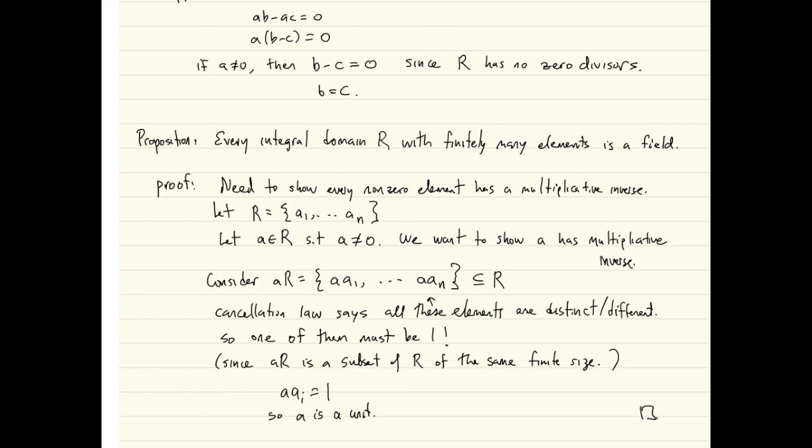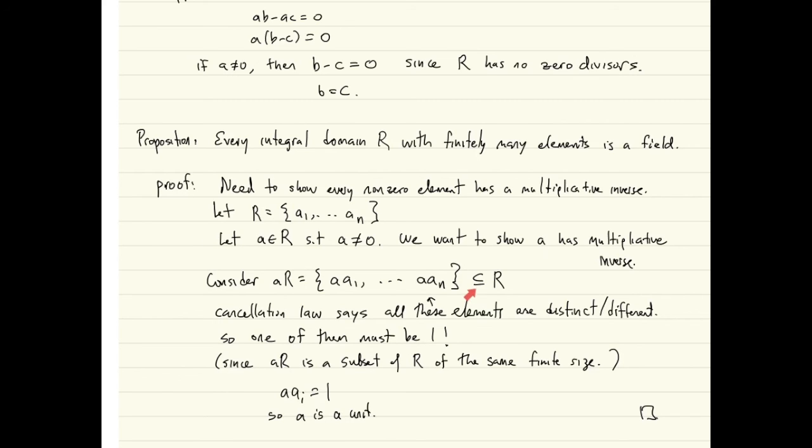And what the cancellation law that we just proved says is that all these elements are distinct, because if two of them were the same, say a times a1 equals a times a3, then we could cancel the a's and just get a1 equals a3. Okay, so since this is a list of n elements, and R has n elements, the number 1 must be one of these.